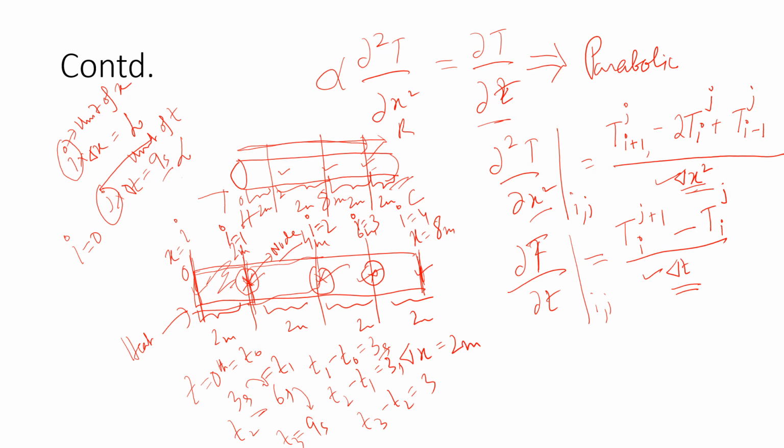So if you take the initial point as 0, then your i will be equal to the number of parts you have generated by segmenting the rod. Okay, so suppose if this is a rod, and if you divide this rod into 4 segments, then your i will be 0, 1, 2, 3, and 4. Your I will be 4.